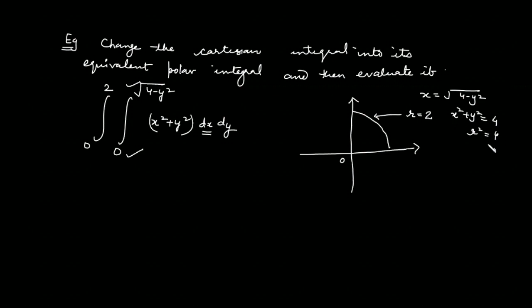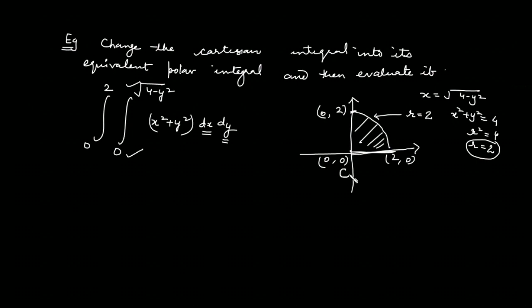It means r square is equal to 4, or you can say r is equal to 2. r may be minus 2, but that is denoted by the backward distance. Now the limits for y is 0 to 2. So the minimum value of y is 0 and the max value of y is 2. Right? So this is the portion. So this is a circle in the first quadrant only, having center 0, 0 and radius 2.